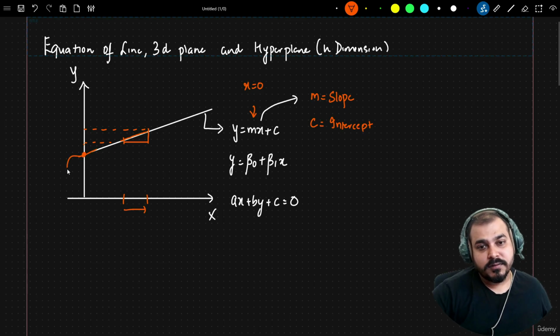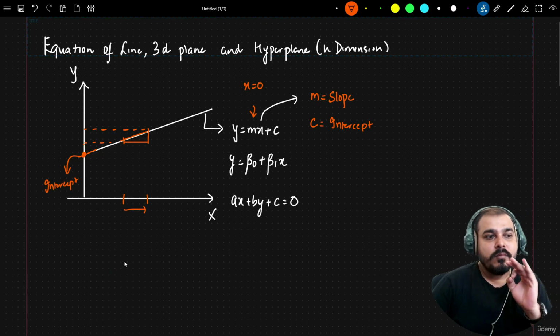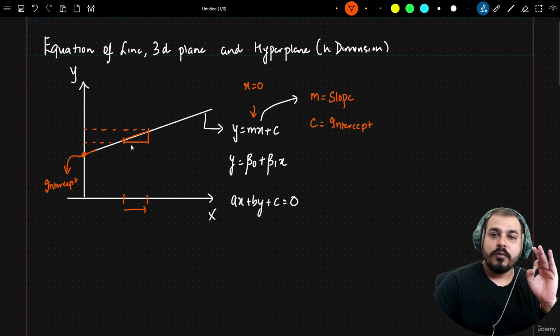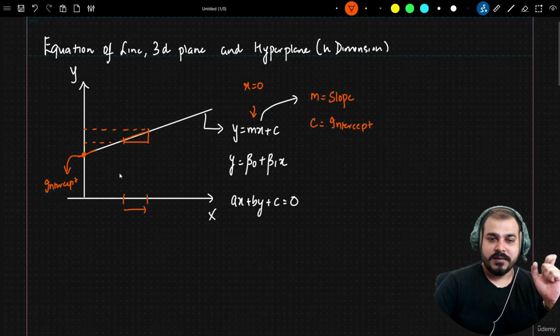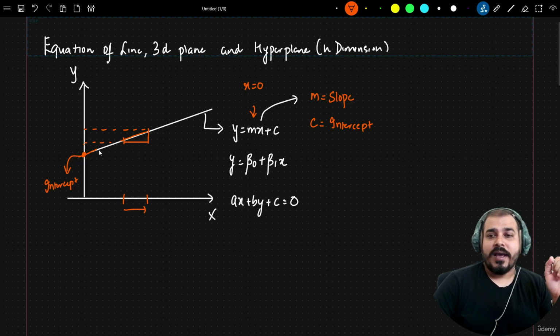So this point is my c, or intercept. Slope says that with a unit movement in the x-axis, how much movement is there with respect to the y-axis. The second thing is that when my x value is 0, then obviously y is equal to c, right? Because at x equal to 0, this indicates where the straight line meets the y-axis.